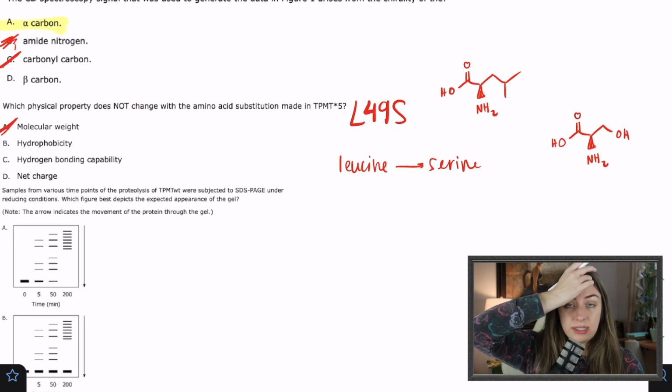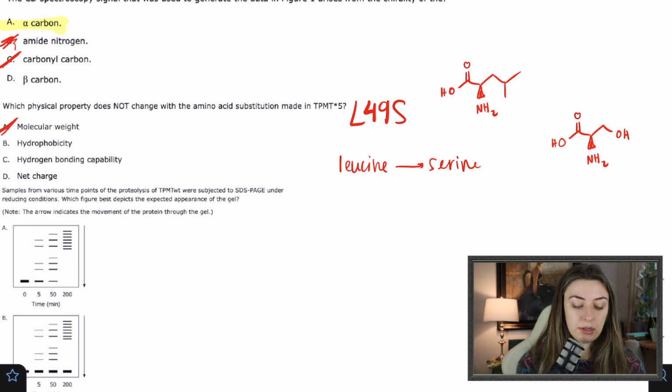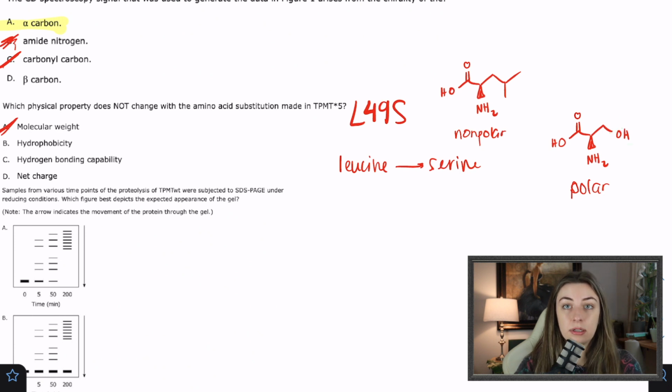Is the hydrophobicity going to change? Yes, right? Leucine is non-polar, and serine is kind of riding the fence, but it's more polar than it is non-polar because it's got this hydroxyl group on the end right there. So the polarity or the hydrophobicity is definitely going to change.